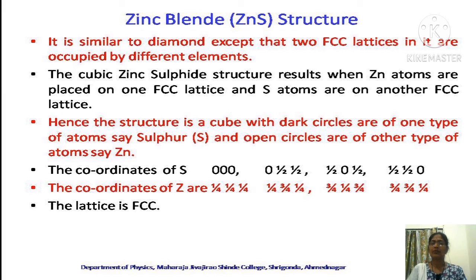So if we wish to write the coordinates of the sulfur, then sulfur is present at the 0 or half position and the zinc atoms will be present at 1/4 and 3/4 position. That is, the crystal structure of the zinc blende is formed as FCC.